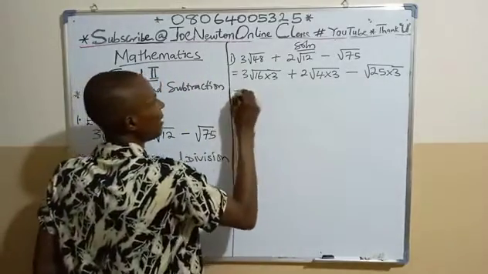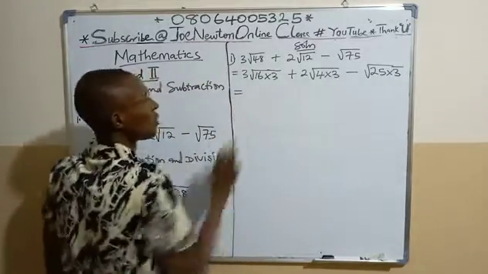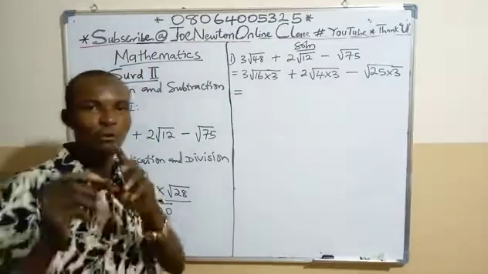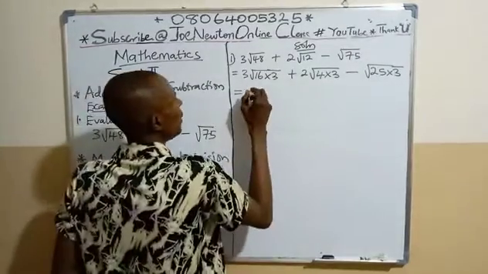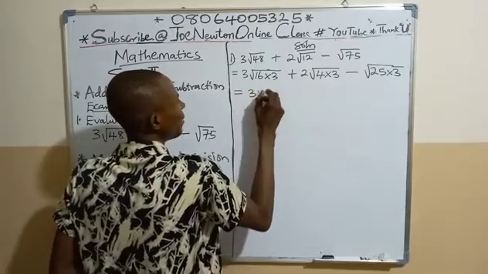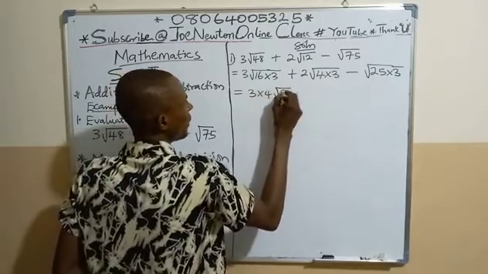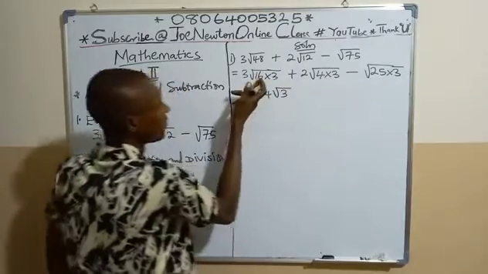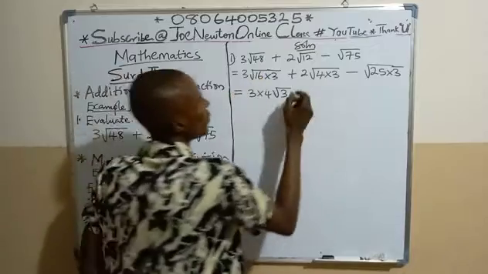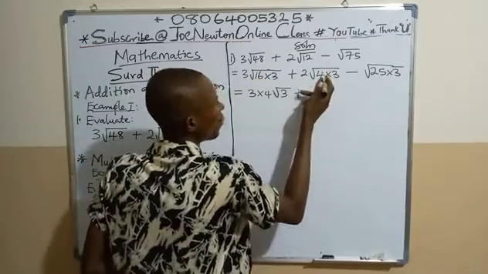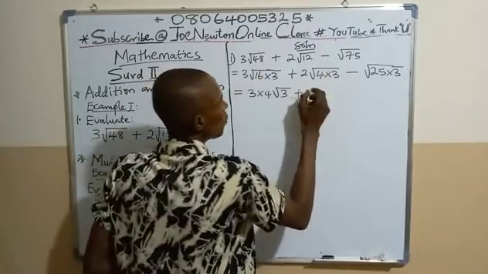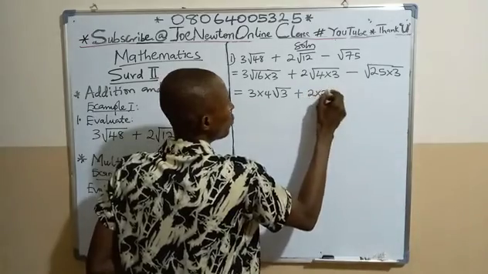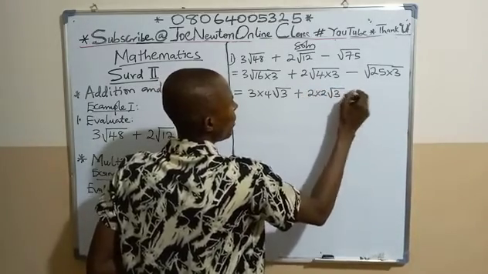Now further, we have here now, square root of 16 is 4. So this will give us 3 times 4, root 3, because square root of 16 is 4. We bring it out. Plus, here, square root of 4 is 2. Plus 2 times 2, root 3.